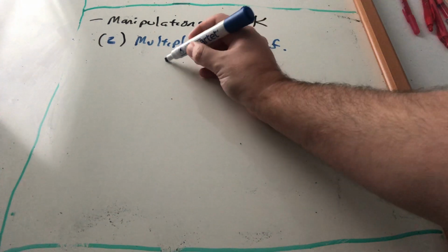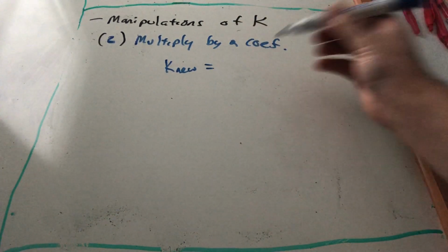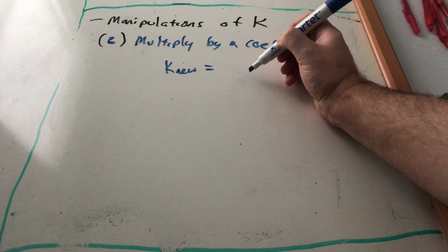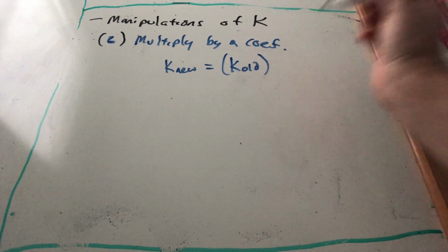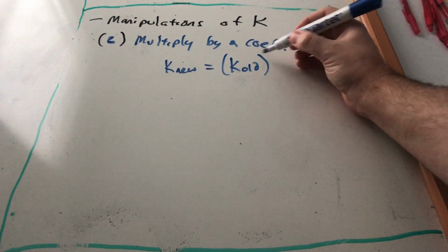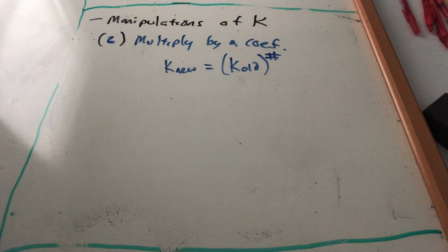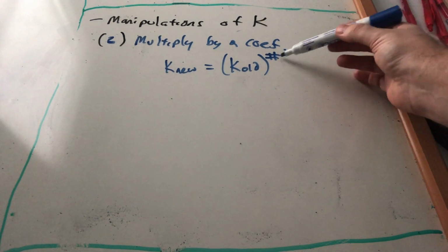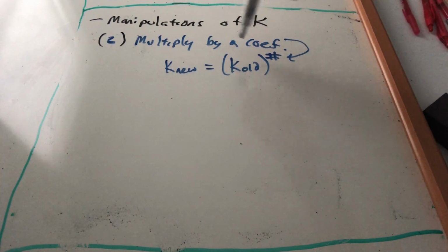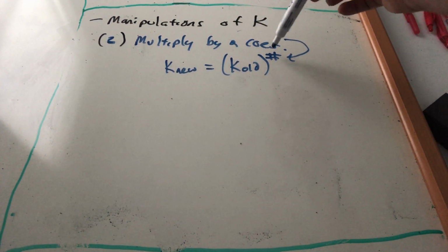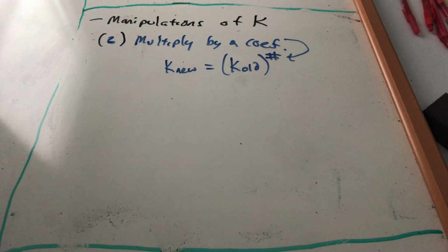When you multiply by a coefficient, your new K that you get, because the stoichiometric coefficients change, so the actual K expression will change, looks like your old value for K raised to whatever that coefficient is. So when you multiply a reaction by a coefficient, you take your old K and you raise it to that power. So K new is that old K raised to that power.